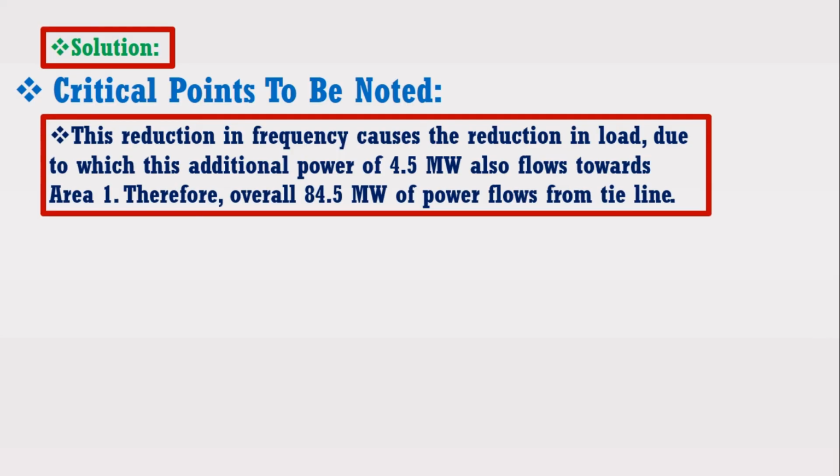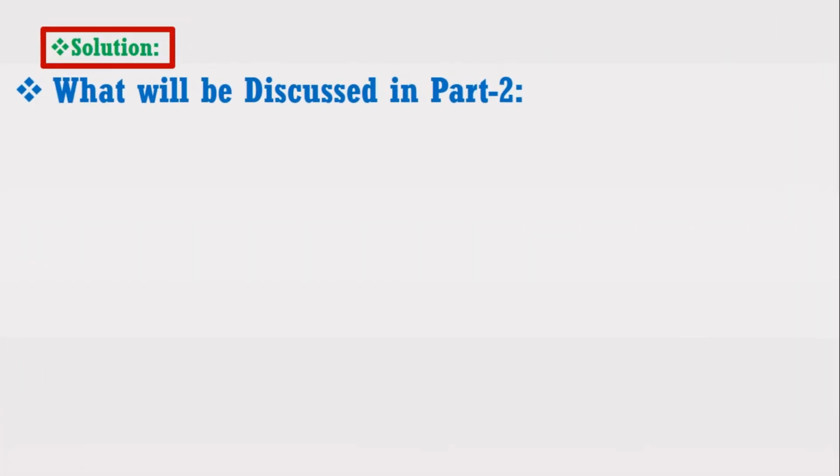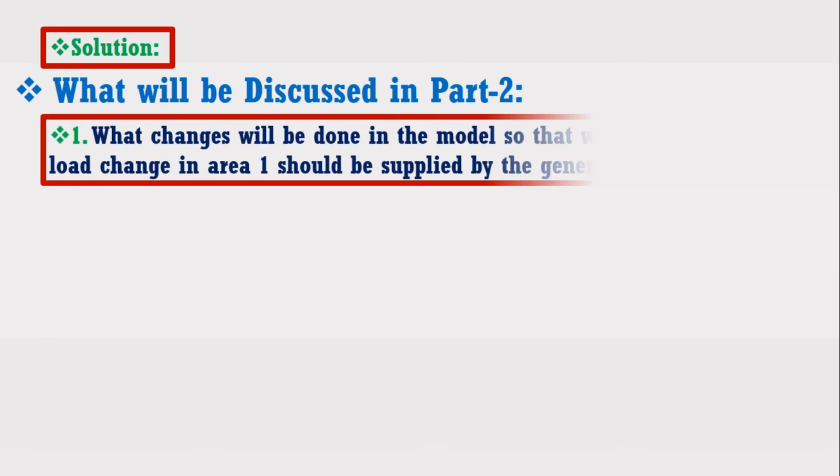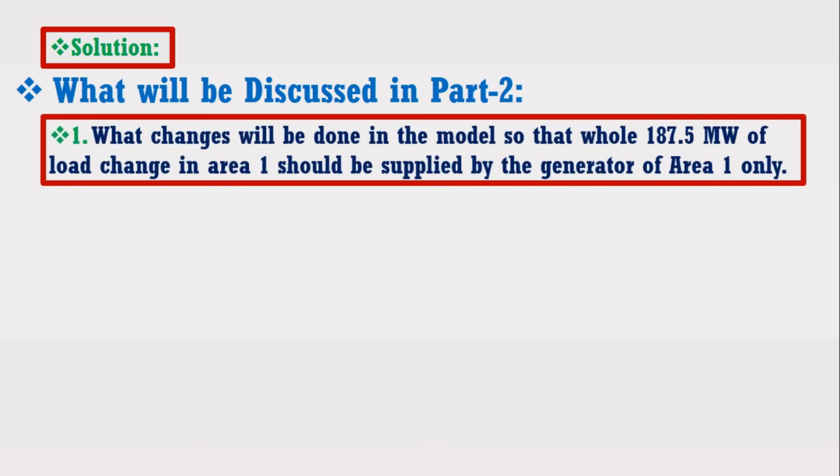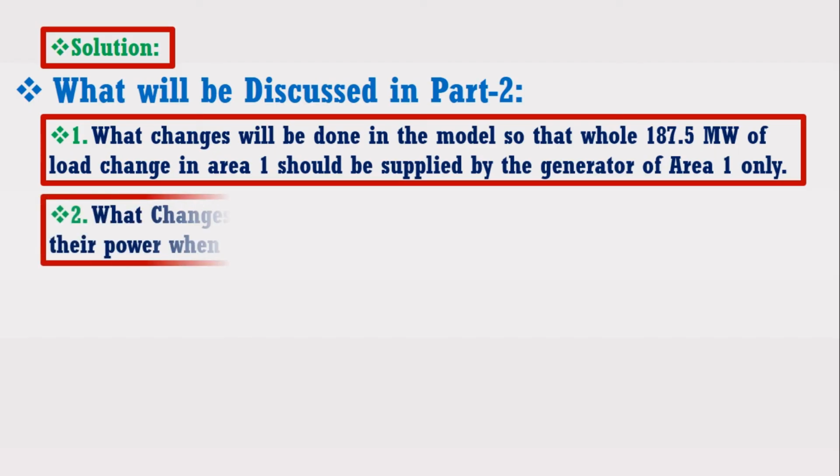Friends, due to the limitation of the time, I will discuss the solutions of all these points in the second part of this video. Therefore, in second part, I will discuss the following main points. Number 1. What changes will be done in the model in order that whole 187.5 megawatt of load change in area 1 should be supplied by the generator of area 1 only.